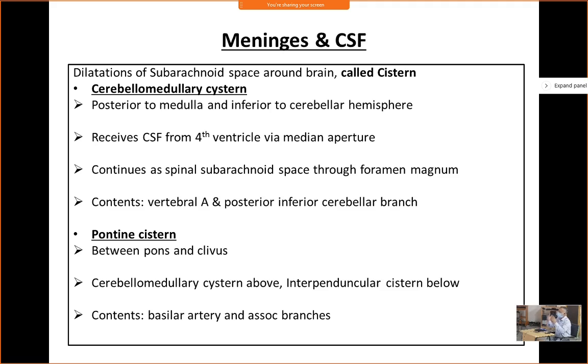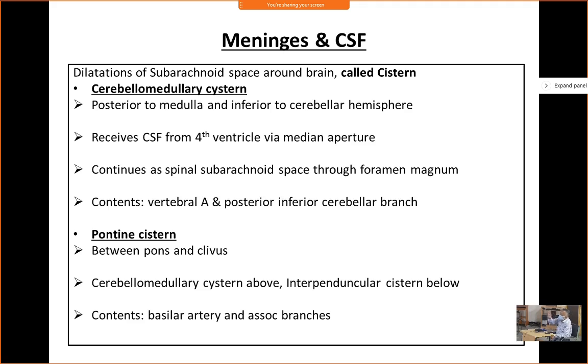So ultimately CSF comes to the fourth ventricle, and from the fourth ventricle it will go to the subarachnoid space, which is at the region of the cerebellomedullary cistern, by means of the foramen of Magendie, or median aperture, in the roof of the fourth ventricle.